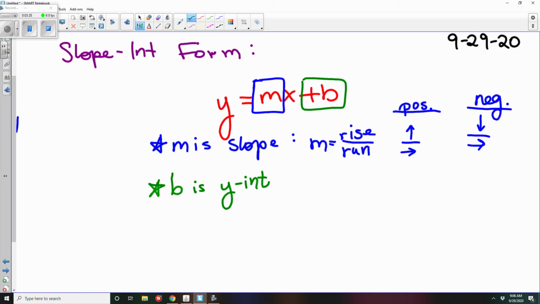But if we have a coordinate plane like this, which axis is our y-axis? You got it, straight up and down. Very good. So if this is our y-axis, and that's our y-intercept, our first point will always be on this y-axis. So just make yourself a note that it's on the y-axis.